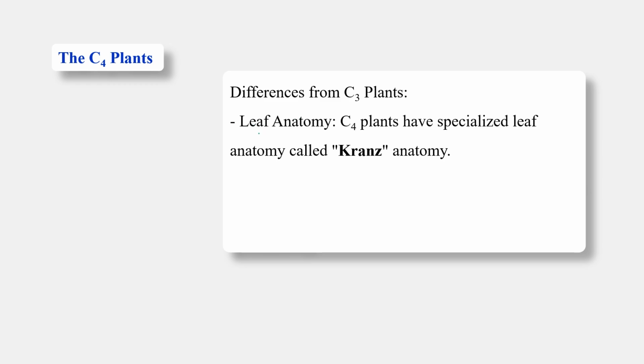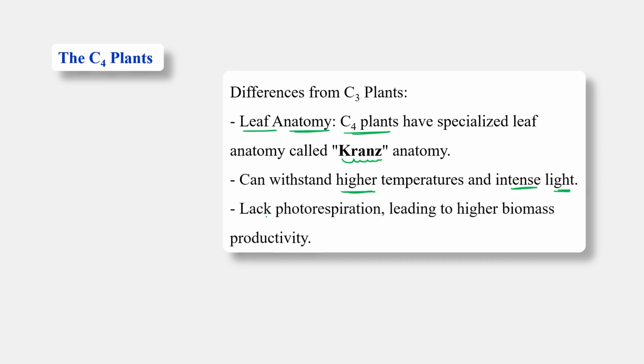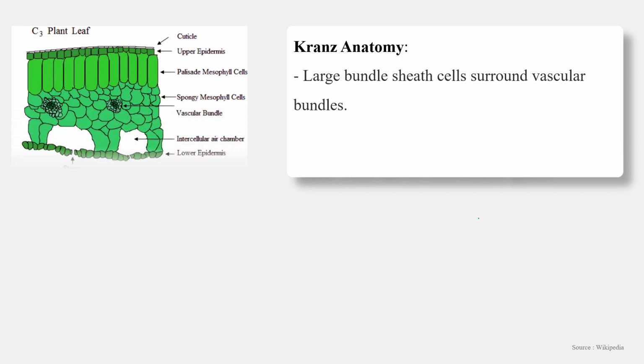First of all, if we compare the leaf anatomy of both plants, the C4 plant has a specialized type of anatomy known as Kranz anatomy. This Kranz anatomy can withstand high temperature and intense light conditions, and it lacks photorespiration, leading to higher biomass productivity.